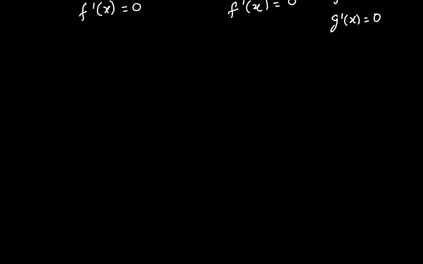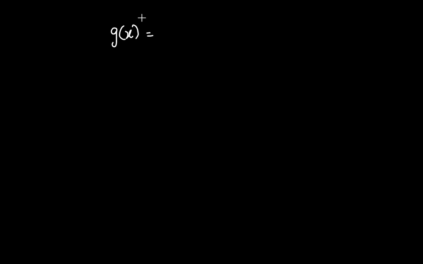Let's say you have g at x is equal to 5x squared plus 6. So how would you get the derivative?